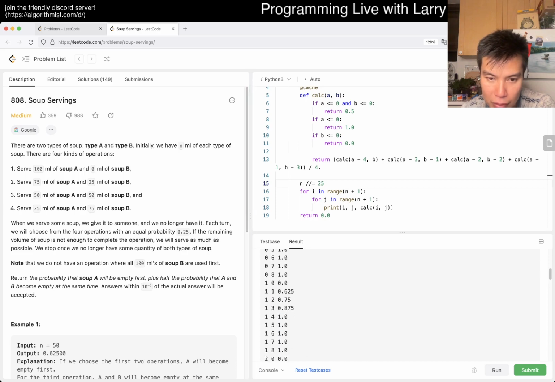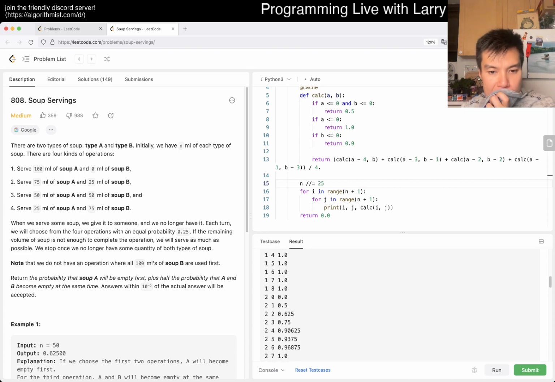That makes sense. 1 1 is 0.625. 1 2. 2 2 is 0.